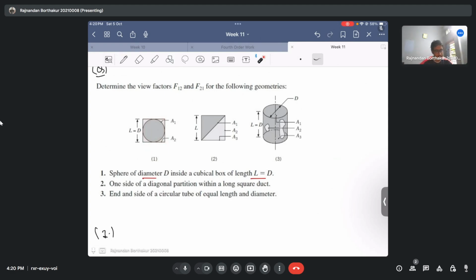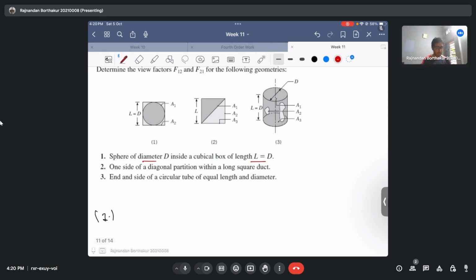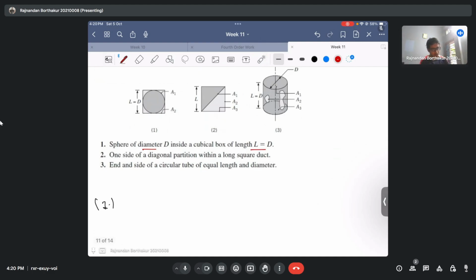F12 is the fraction of radiation coming from surface 1 that is intercepted by the cubical box. One thing you can do here: how many surfaces do we have? I have two surfaces, but from these two surfaces I will have a total of 4 view factors.